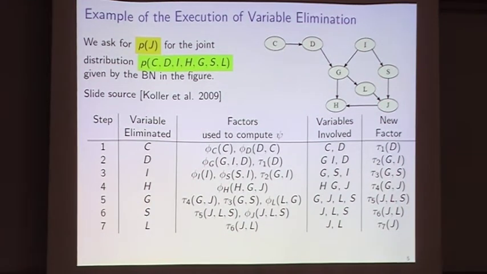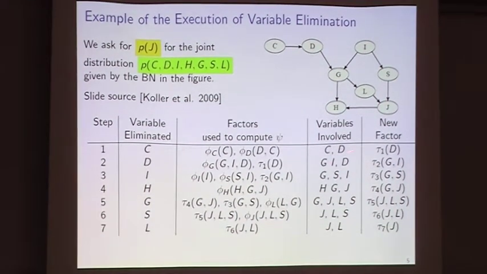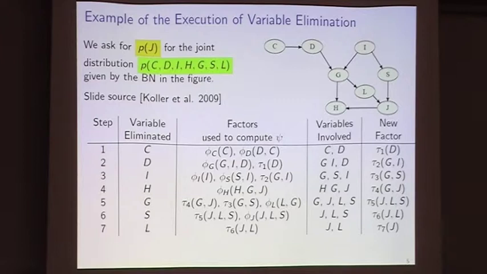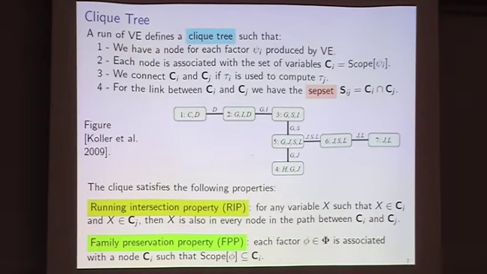Those factors will produce another factor, tau, that is the marginalization of that factor psi. And this means that if we have a variable present in one of the nodes, that variable will be propagated forward in the tree, or it will disappear because it is being summed out.